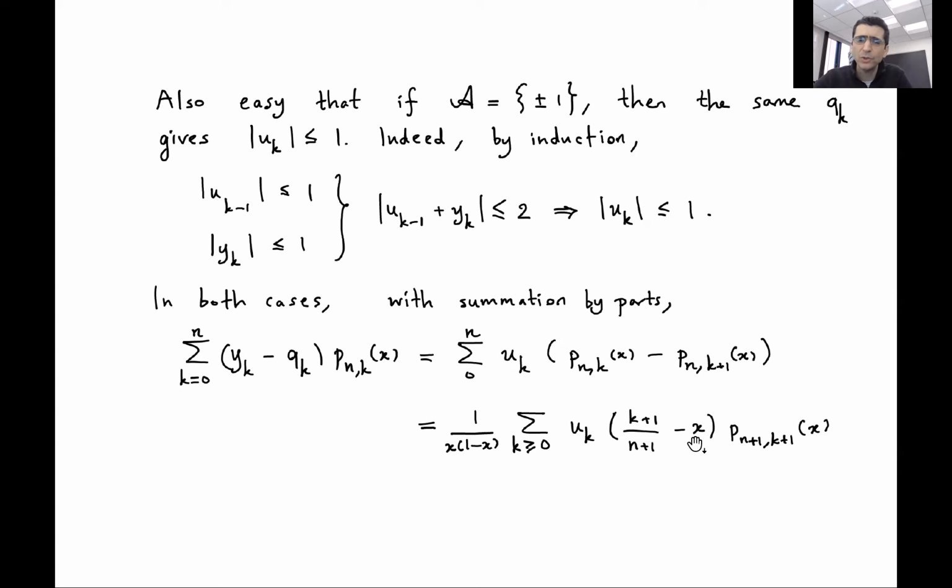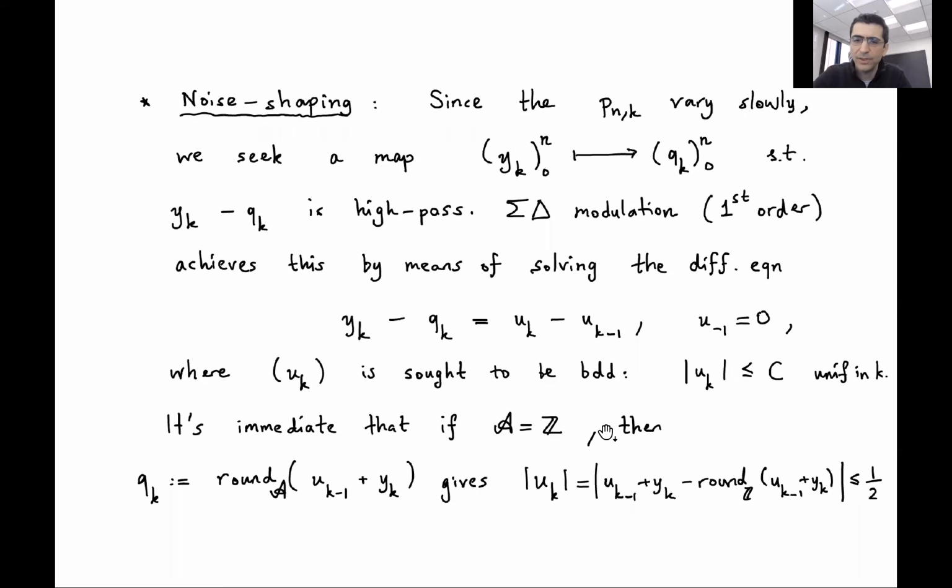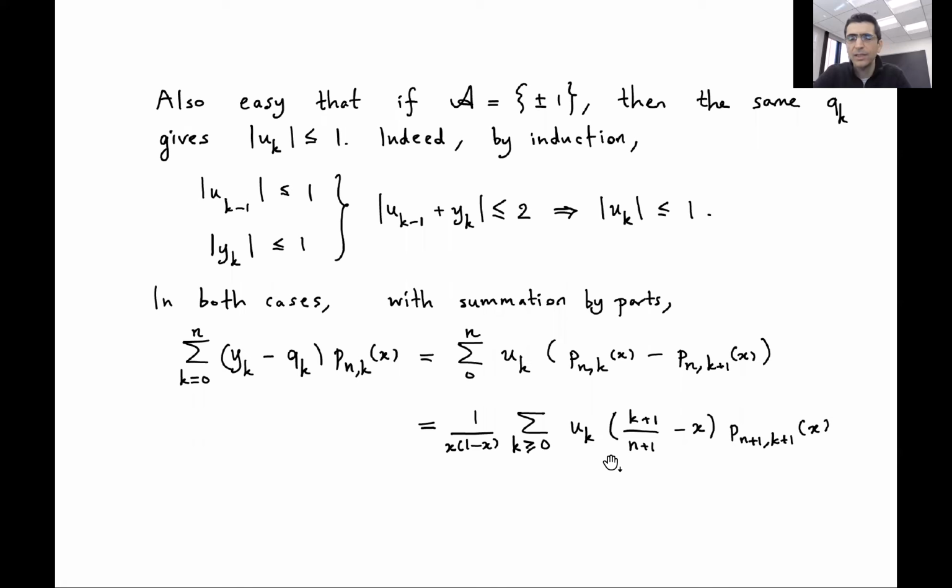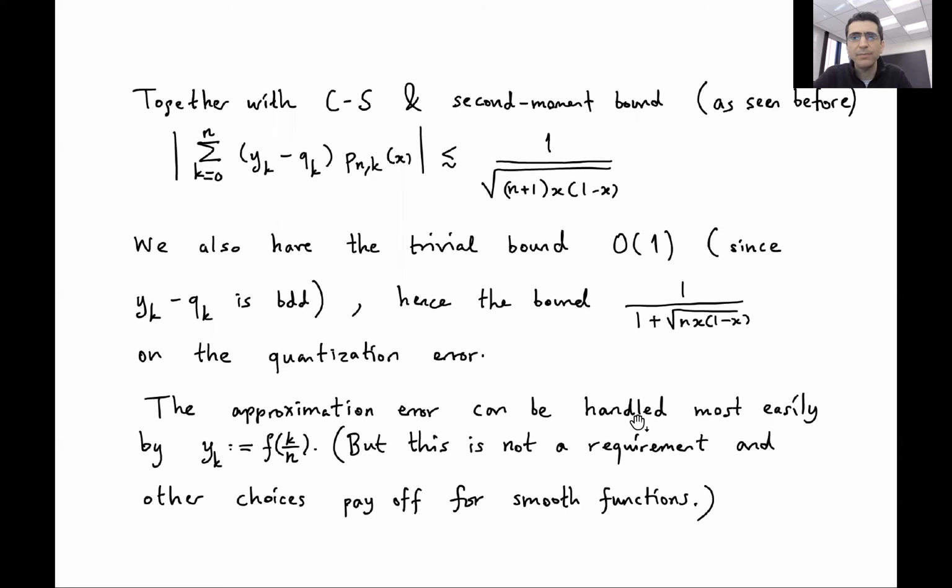And then we're back to an expression which allows us to utilize the boundedness of the uk. The rest of it will rely on the same arguments as before, because we can use Cauchy-Schwarz and we can use the partition of unity. So it's the same as here, and we get the error bound, which is of order 1/√n.